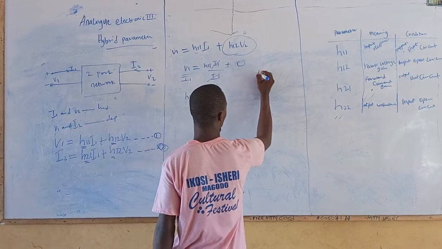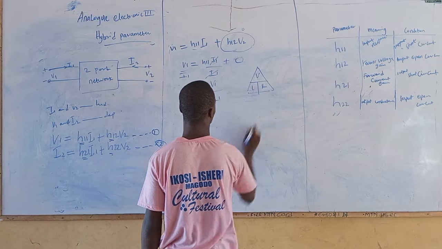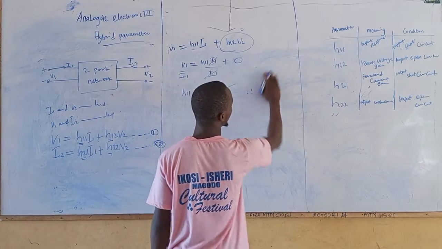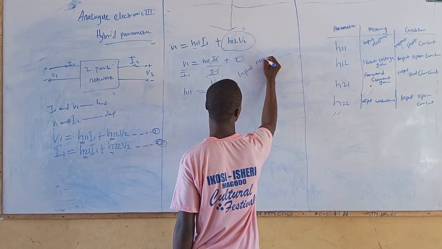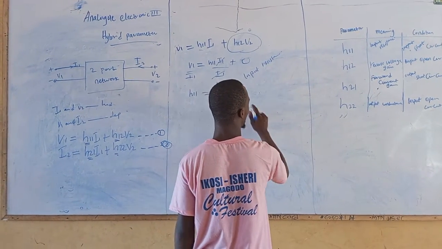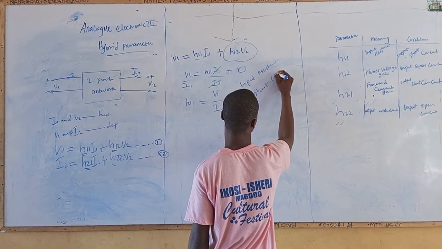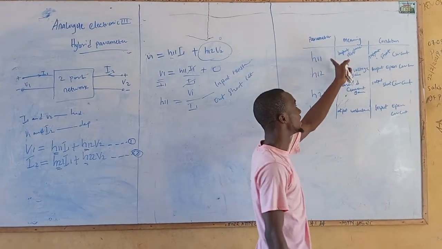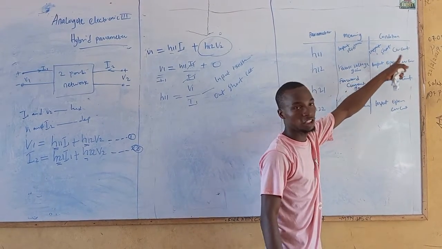According to Ohm's law, V equals I R, so V over I is resistance. This is telling us that it is input resistance with output short circuited. H11 equals input resistance, output short circuit.